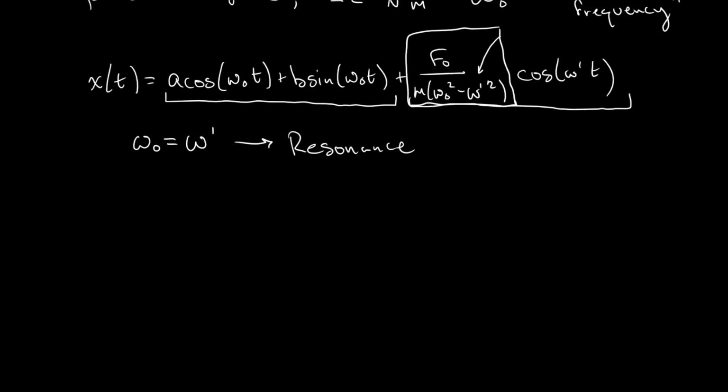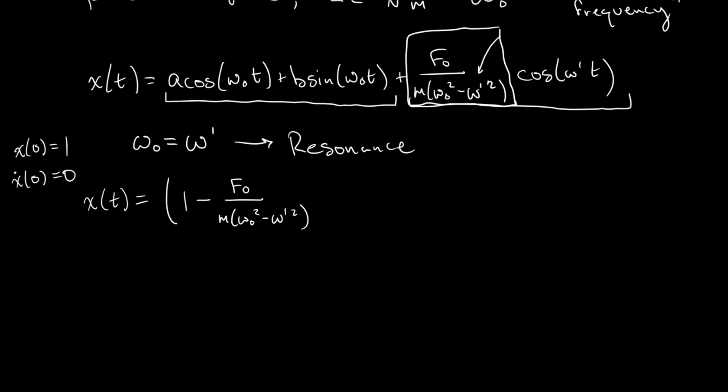One way, without getting too deep into this: if you match onto the boundary conditions where x of 0 equals 1, x dot 0 equals 0, you get something like 1 minus f naught over m times omega naught squared. Essentially, you just have to solve for the boundary conditions.